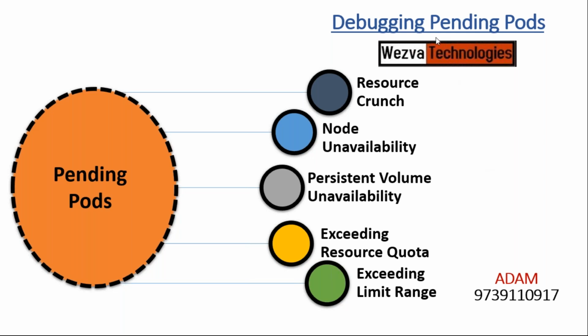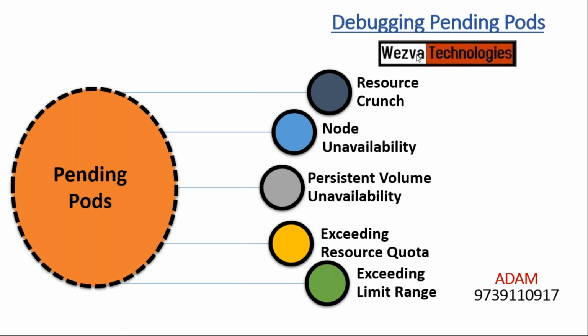So now we understood from a very high level what the different phases of the pod are. But now let's get a little deeper on how we debug in case a state has been displaying for a longer time. So that's where we need to investigate.